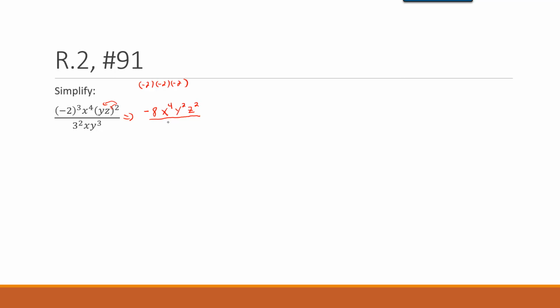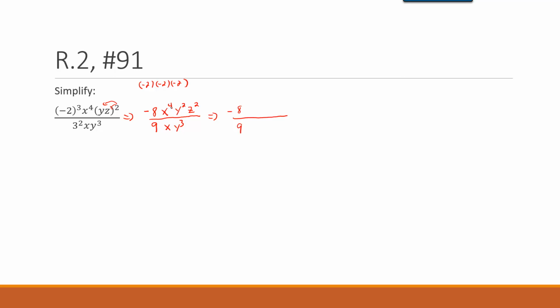Now in our denominator we have 3 to the second power, which is 3 times 3, or 9, x, y to the third. Now, since I have all multiplication in my numerator and all multiplication in my denominator, then I can simplify. Now, if I could simplify the fraction -8/9, if there was a number that would go into both of them, then I would simplify those numbers. But I can't, so I'm just going to leave that part as -8/9.